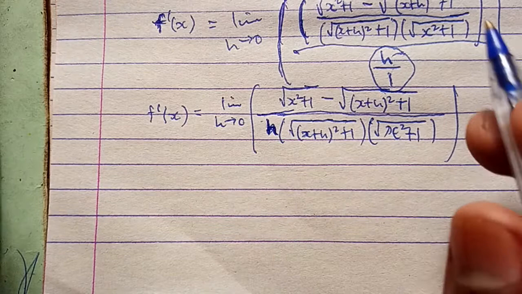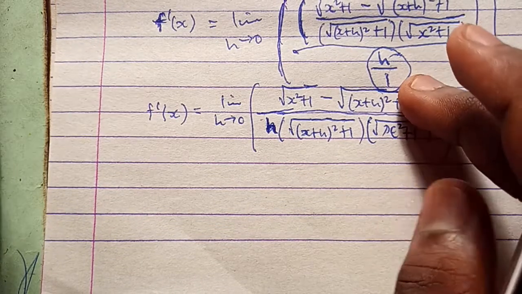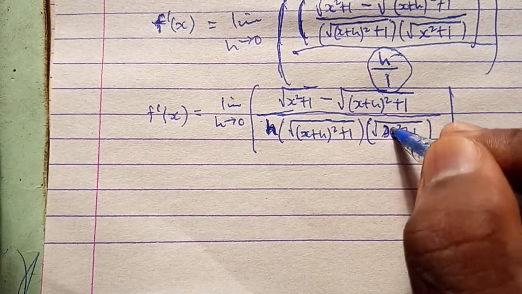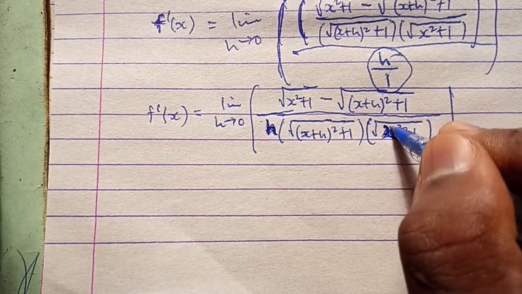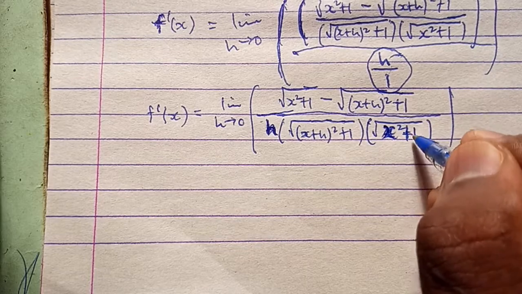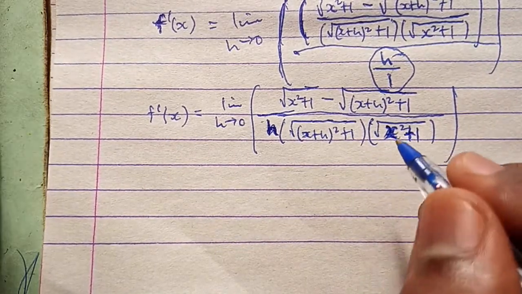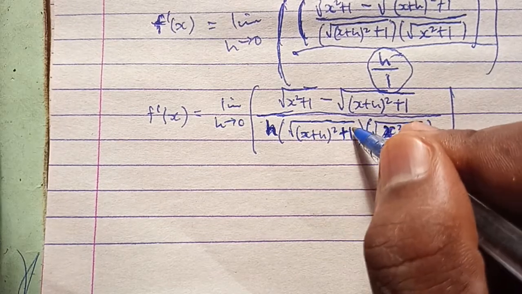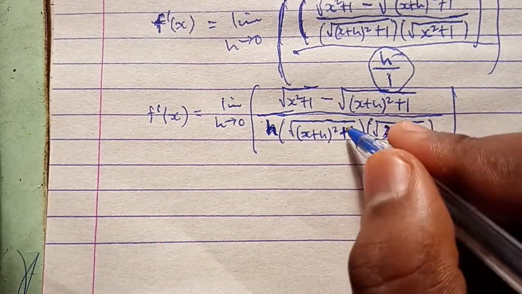We simply look at both the numerator and the denominator to find out which one we can find the conjugate of and then multiply. See that the denominator is multiplication of two radicals and the numerator is subtraction of two radicals.